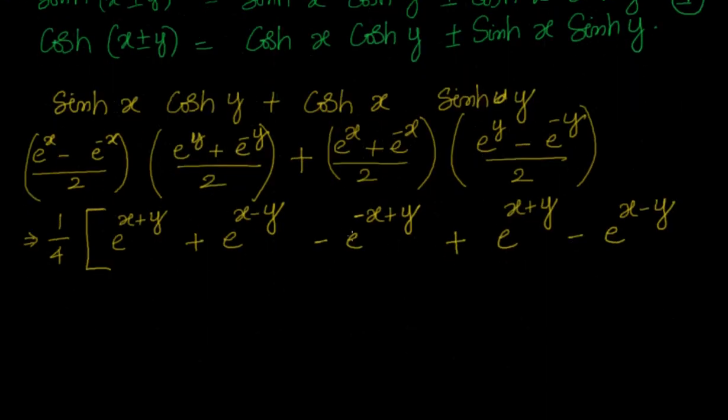And then we have this term to multiply, that is plus e^(−x+y) minus e^(−x−y).